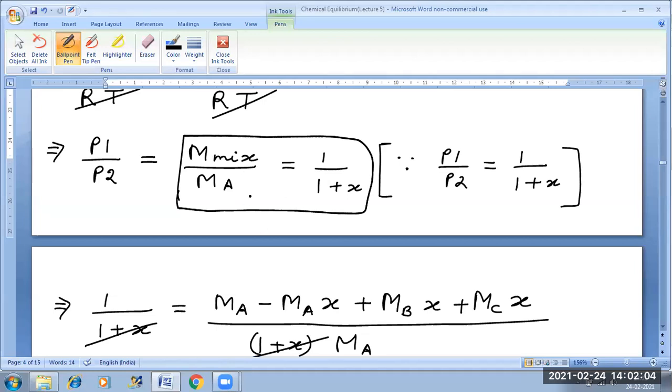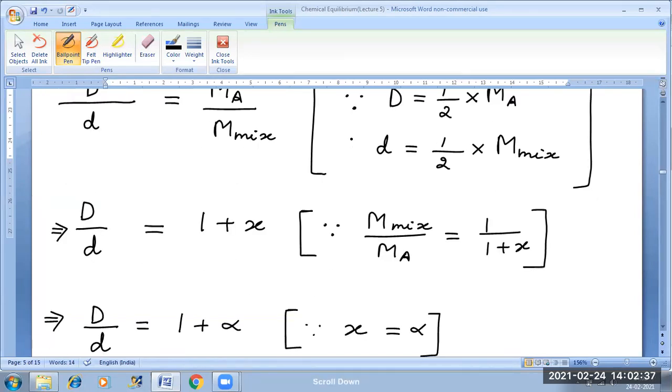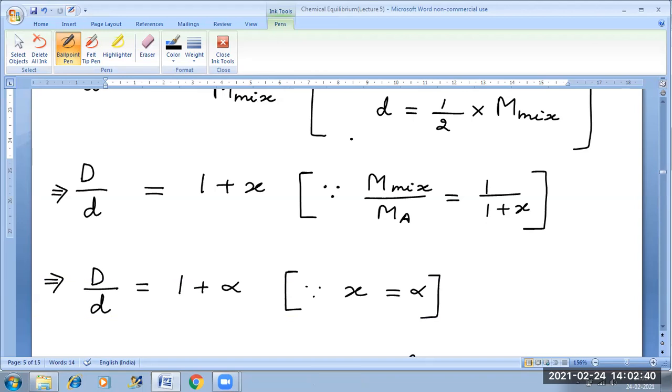Therefore, MA upon M mix will be 1 plus x. So for this particular reaction, I can say that D upon d is equal to 1 plus x, or alpha in place of x, because x is equal to alpha in this case.